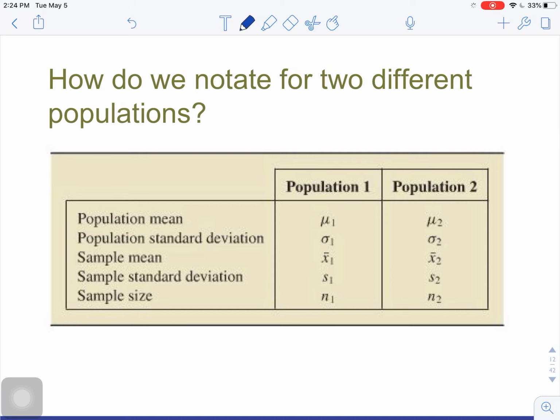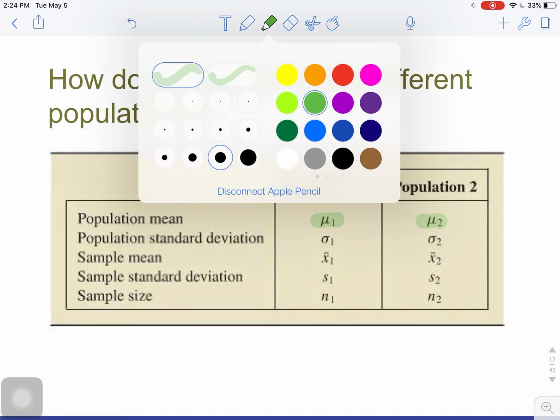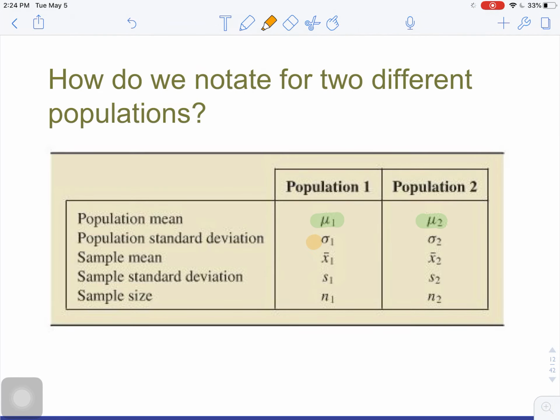So how do we notate 2 different populations? Basically, the notation is still the same as what we've always seen, but when we have 2 different populations, we have population 1 average, population 2 average. We have the population standard deviation for population 1 and the population standard deviation for population 2.